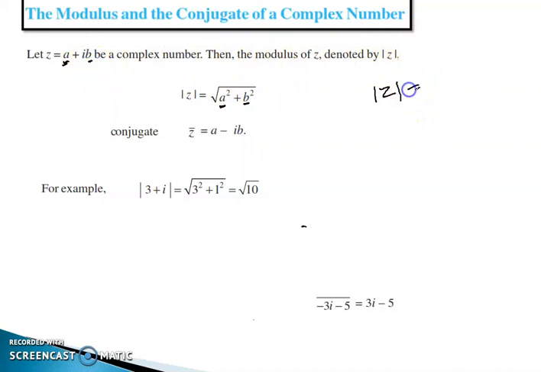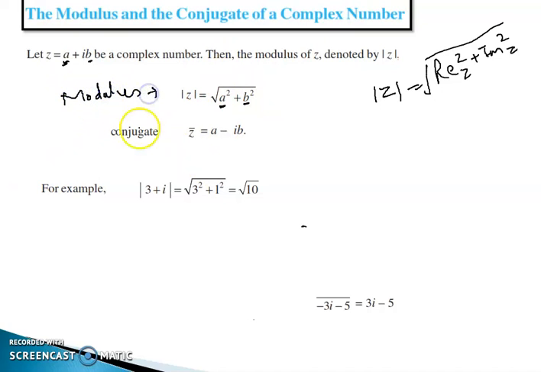What you have to take care of is that they don't put iota. Some students write z mod equals a square plus iota b square. That will be wrong. Z mod is equal to square root of a square plus b square. This is the modulus of a complex number.